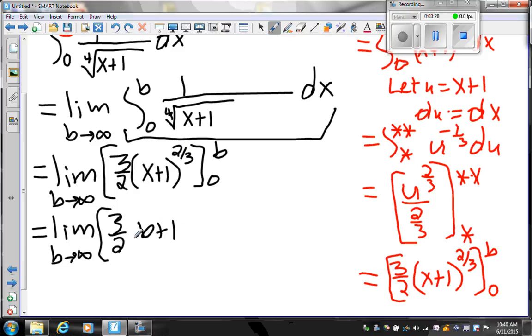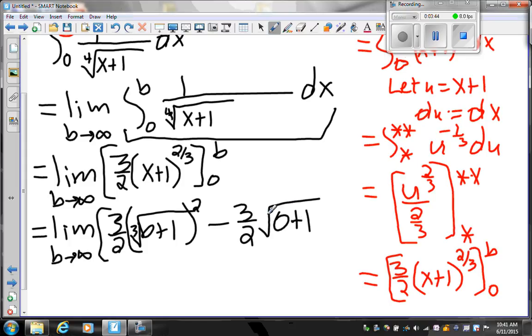The 2/3 power means the cube root squared, minus then 3/2 times (0 plus 1), and again, it's the cube root squared. That's what the 2/3 power tells us. The 3 in the denominator says it's the cube root, and the square tells us it's the square.